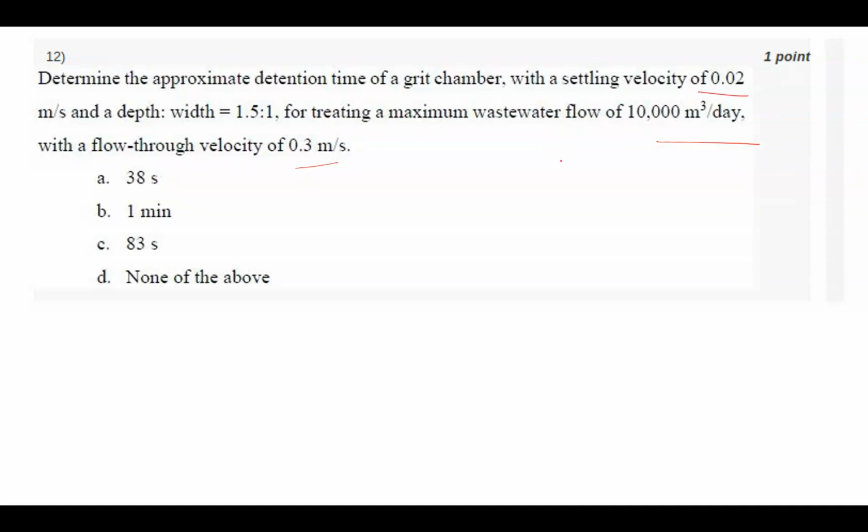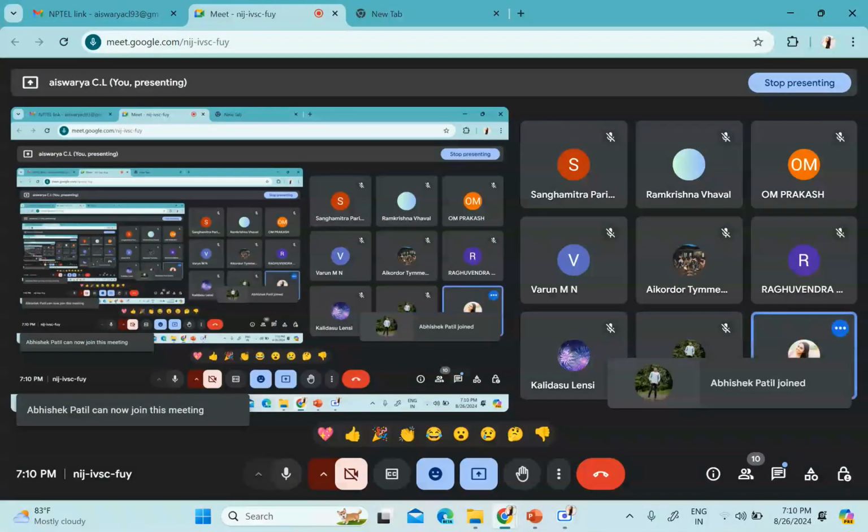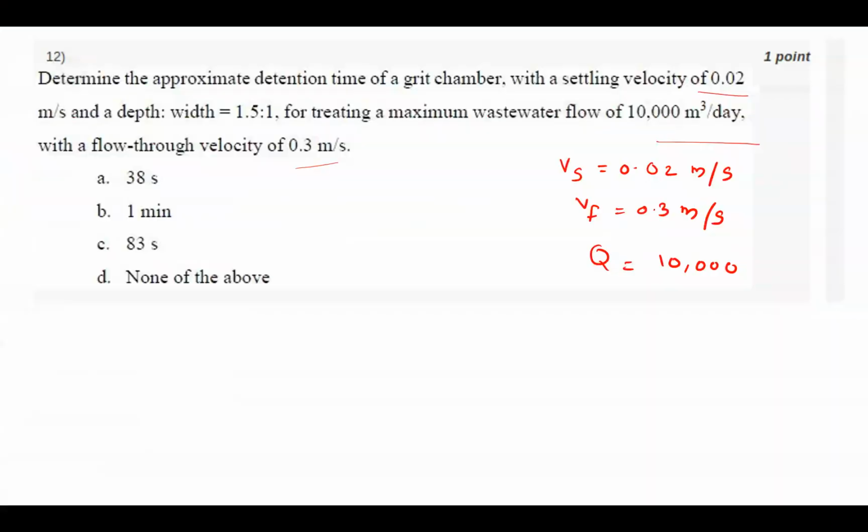Settling velocity vs is 0.02 meter per second, flow through velocity is 0.3 meter per second, and maximum wastewater flow Q is equal to 10,000 meter cube per day.